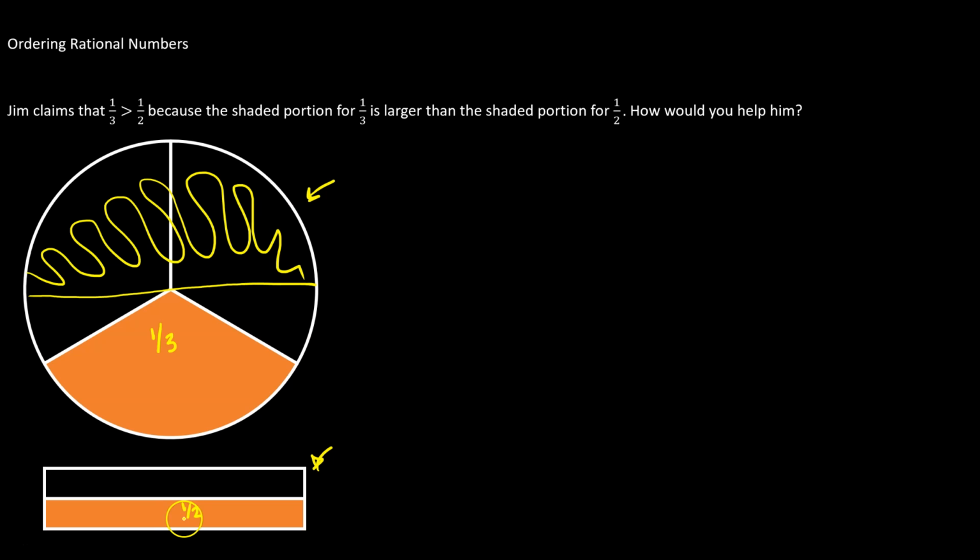And if I wanted to make 1/2, this rectangle, into 1/3, I would need to cut it into 3 pieces, not 2. So I could see that 1/3 is smaller in this case. So my suggestion for helping him would be to transpose the fractions into each of the diagrams so that you can see comparatively which one's bigger or smaller.